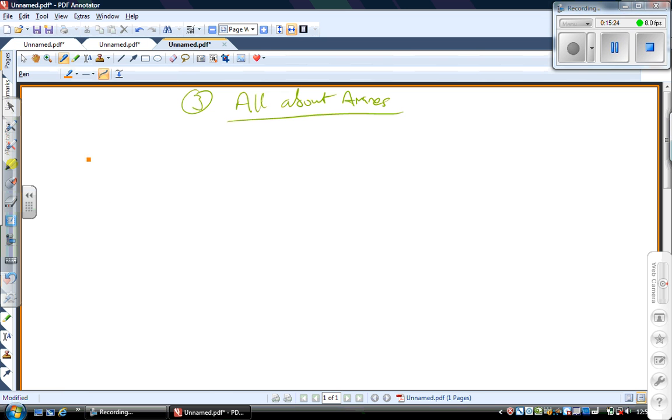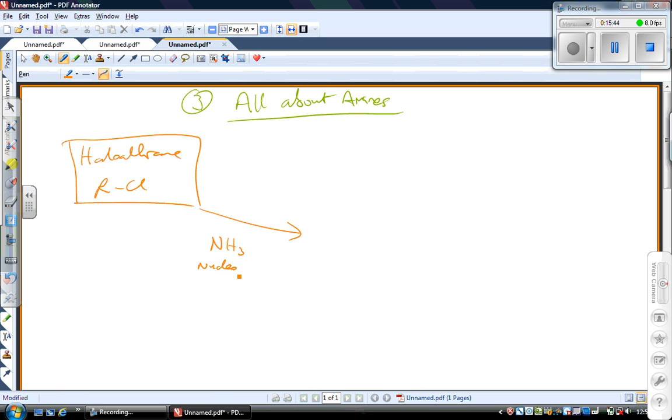The first thing is, how do you form an amine? So if we've just made a haloalkane, which has the functional group, let's just take it as a chlorine. So that's the haloalkane we've just formed with our process. What you want to do here is use ammonia, which is your nucleophile. Remember, it's a nucleophile because its negative center is accounted for by the 1 lone pair.